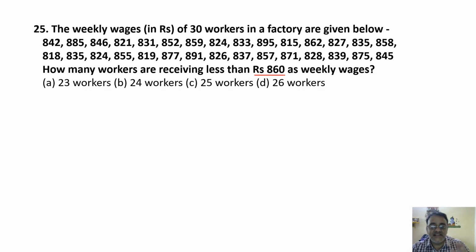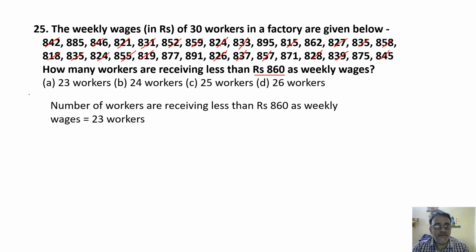So 860 से कम वाले को हम लोग को मार्क करना है. चलो यहाँ से काउंट करते हैं 1, 2, 3, 4, 5, 6, 7, 8, 9, 10, 11, 12, 13, 14, 15, 16, 17, 18, 19, 20, 21, 22, 23. So we are getting 23 workers. So the correct option is option A. Right. So now we are moving toward question number 26.